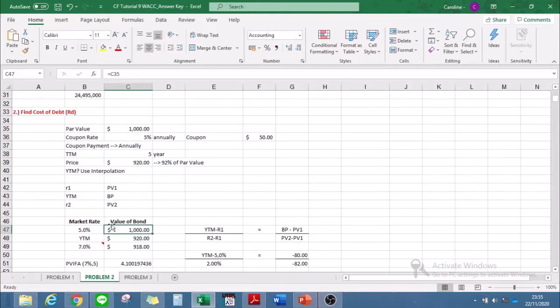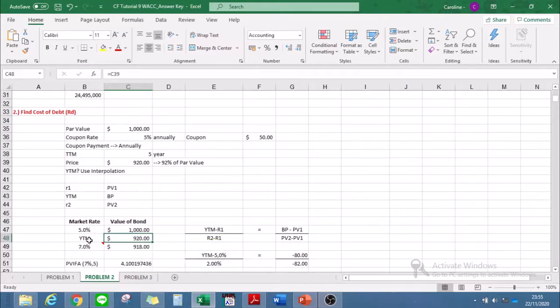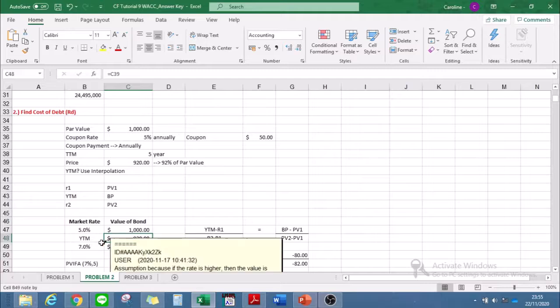Since we are concerned with the YTM, when the value of the bond is 920, we need to find the R2 that exceeds the YTM.